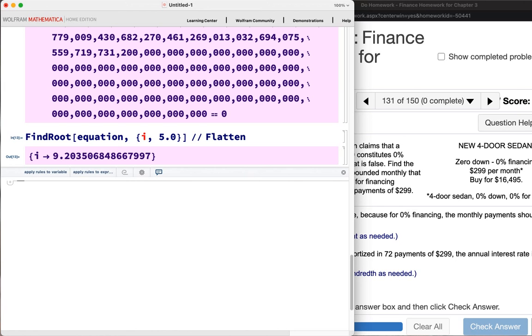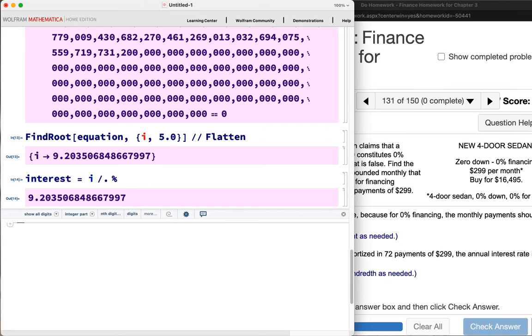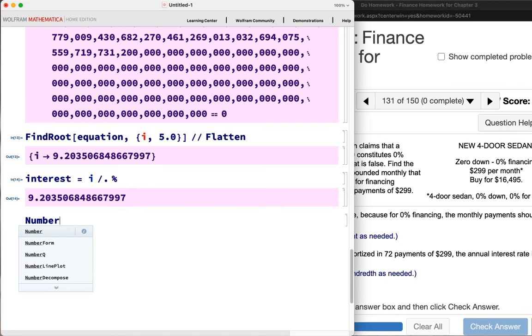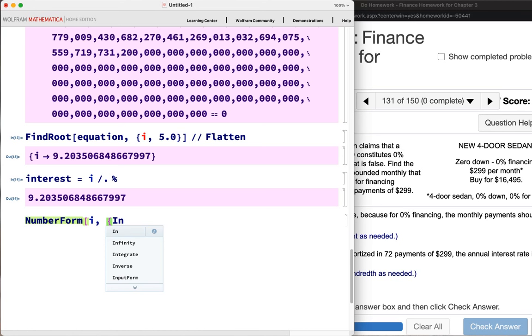So the answer is 9.20%. And I could actually save that in a variable. I could call it interest, set equal to I as it's defined on the previous line. Shift Enter. And then I could do NumberForm, give me as many digits as possible, which is why I'm using the Infinity keyword, but I want 2 digits to the right of the decimal point.